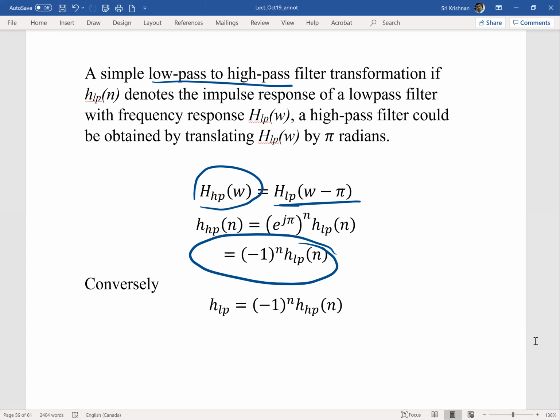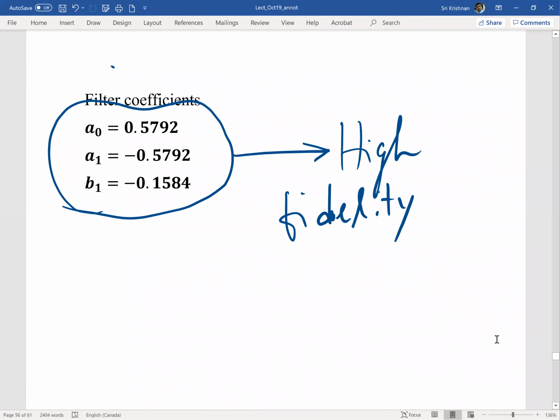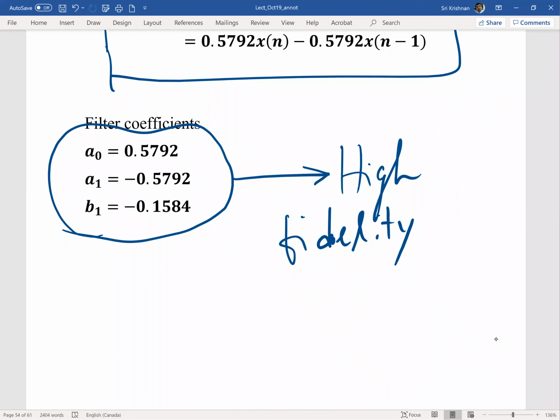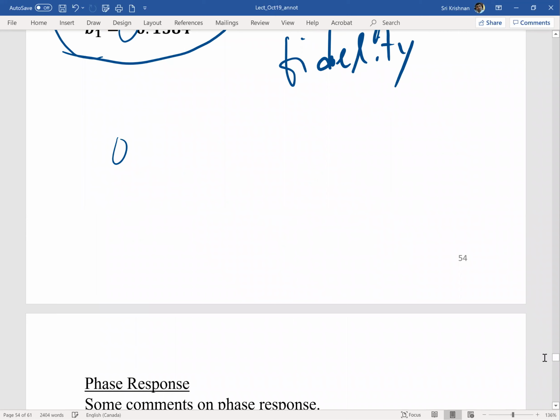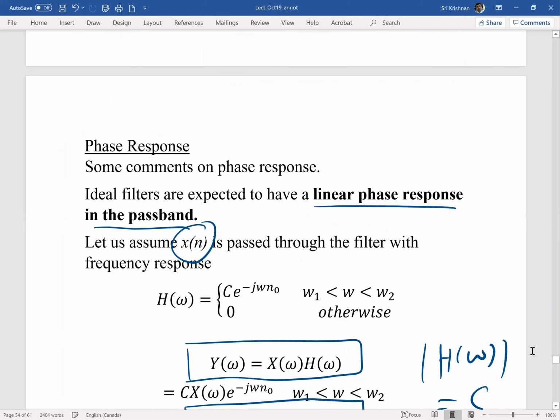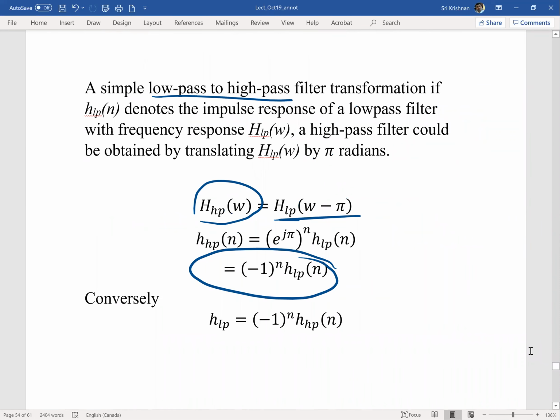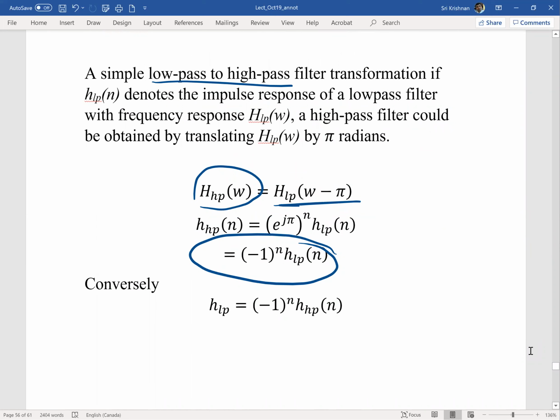That's why in one of the examples we just saw, I was indicating to you that the sign is pretty critical. Just by flipping the alternate signs, as you could see with this given notation, the whole filter, which was a low pass filter to start with, has become a high pass filter.